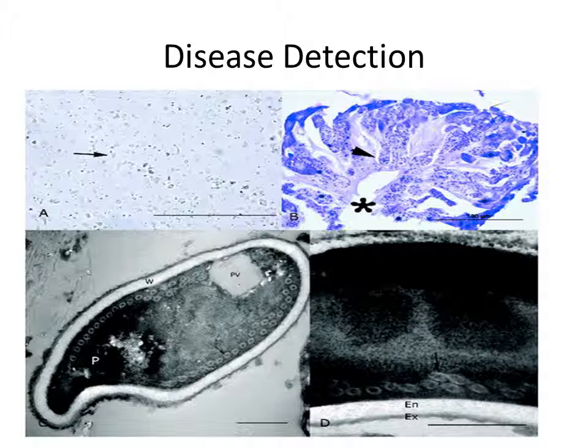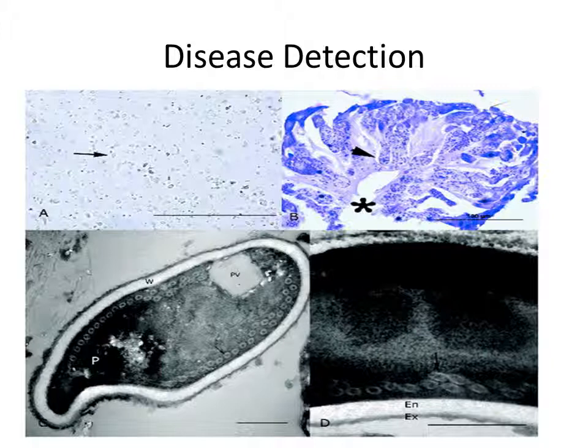And in many cases, as shown in this slide, molecular techniques are needed to detect this. This is a fungal infection, and fumagillin is a common treatment for this, but it's not always effective.